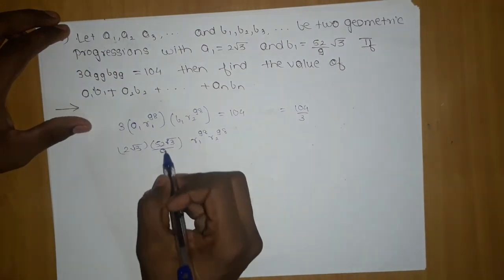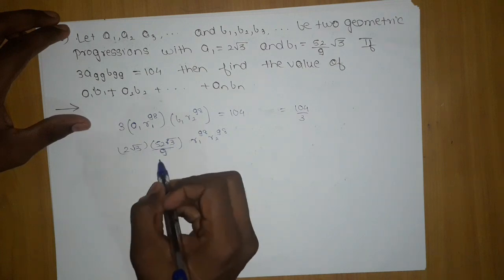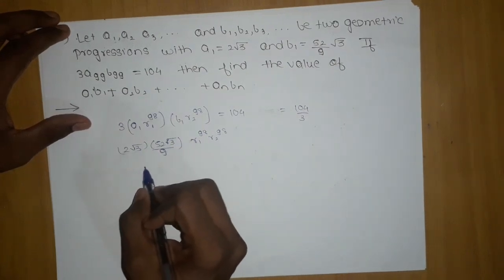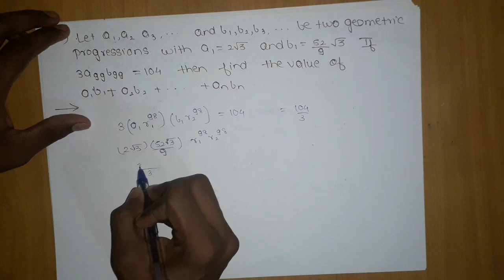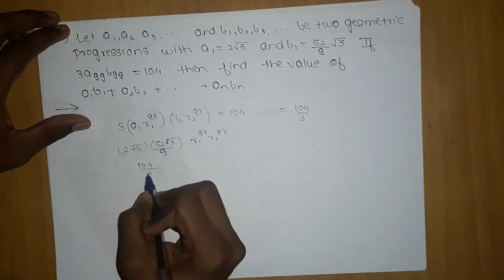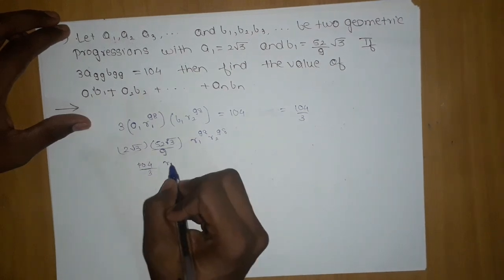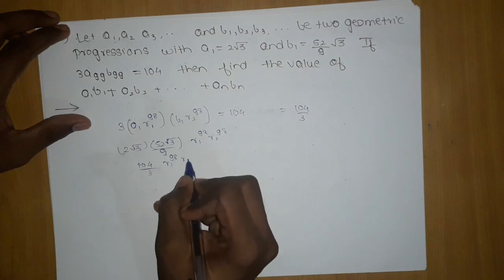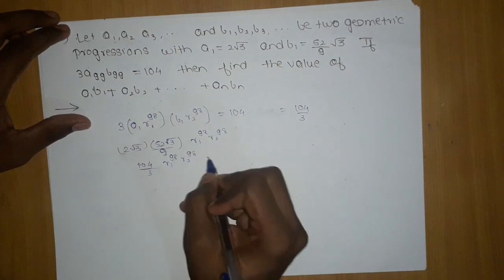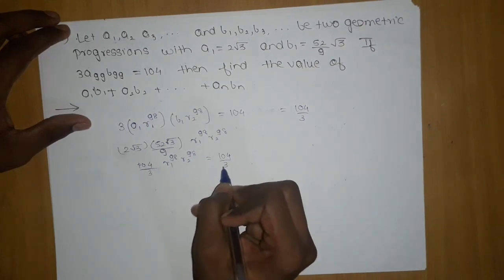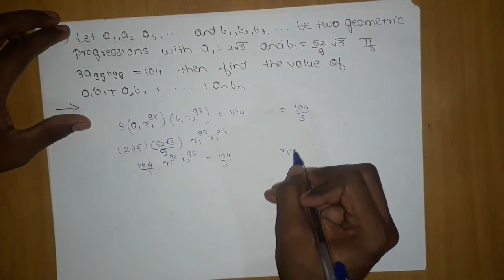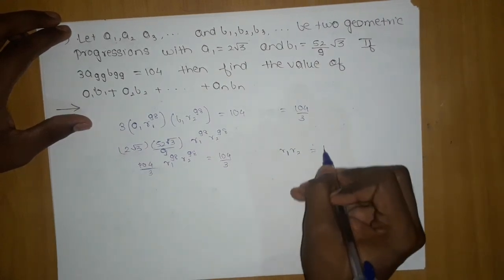Here 3 will become 3, this will become 9. So r1 power 98 into r2 power 98 should be 104 by 3, so this is cancelling, and r1 into r2 is nothing but 1.